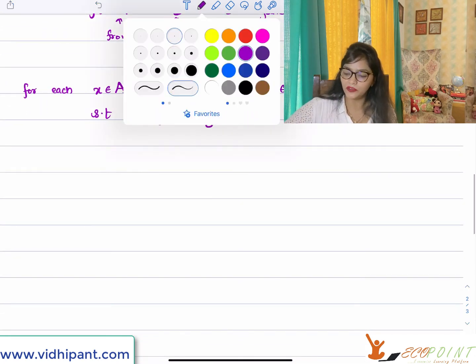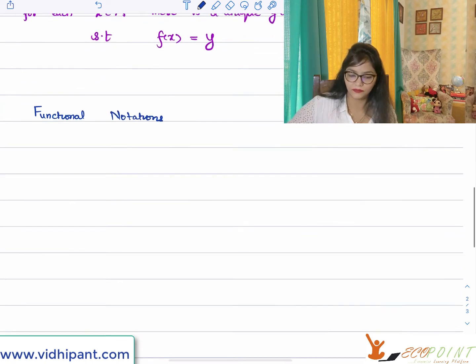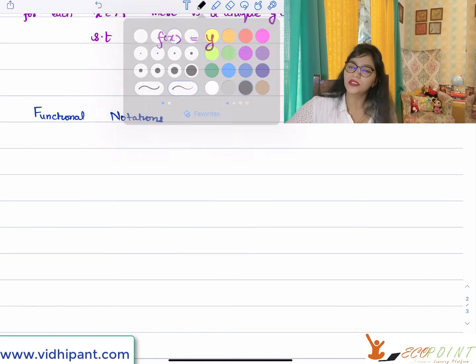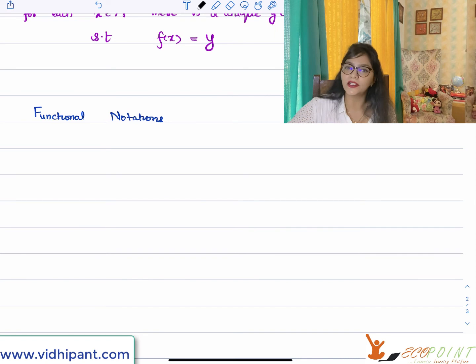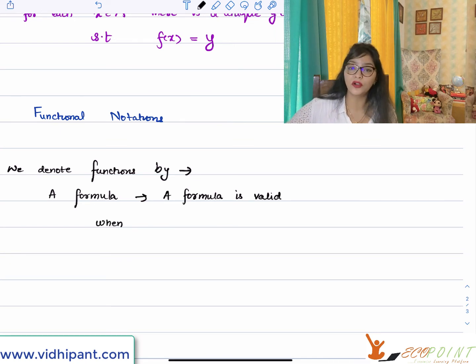Now I'm also going to talk in brief about functional notation. In general we denote functions by a formula, like an algebraic expression, and a formula is valid when it is true for any input that you take.